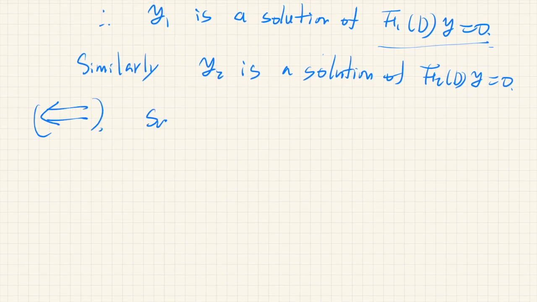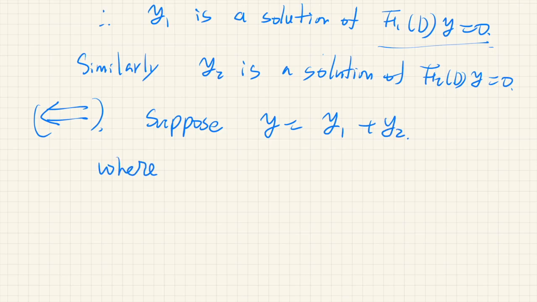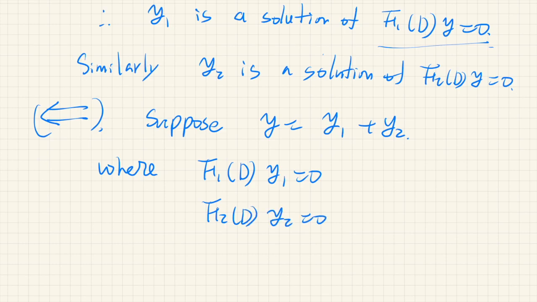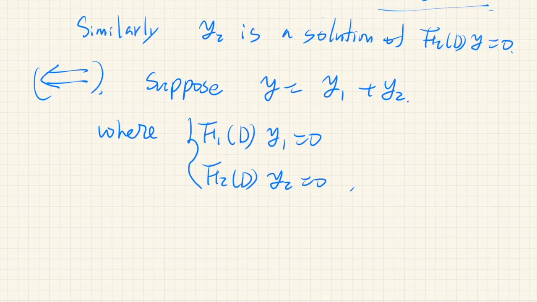So suppose y is given as the sum of y1 and y2, where y1 is the solution of this differential equation, and y2 is the solution of this equation. Okay.